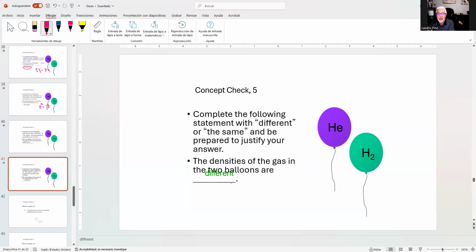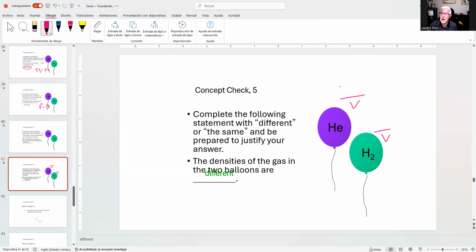What about the densities? Well, of course, the volume is the same, but the number of moles is not the same because they have different atomic number.